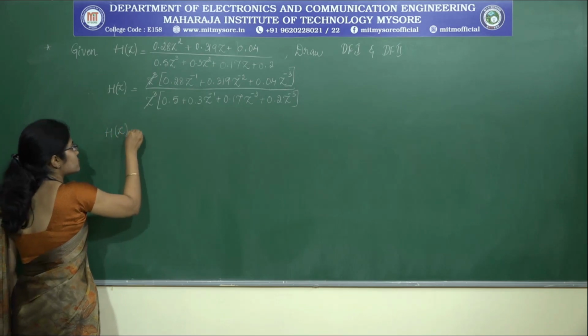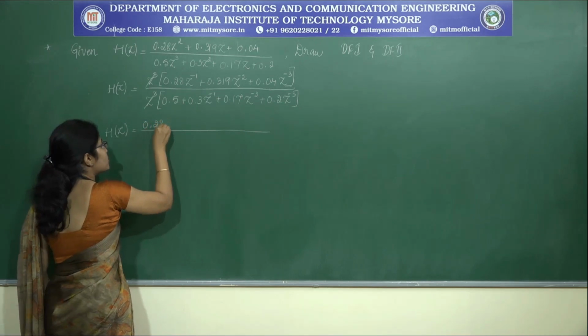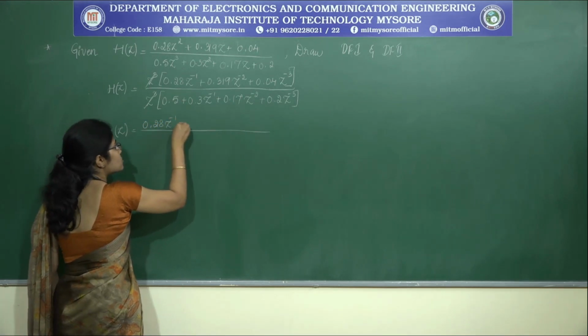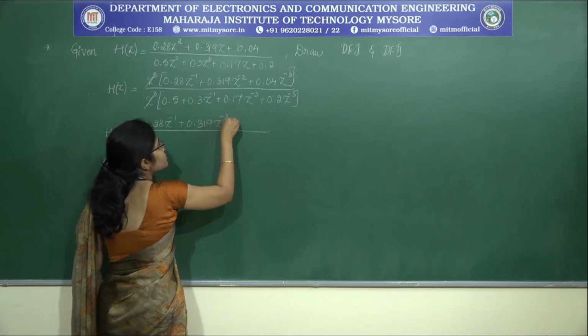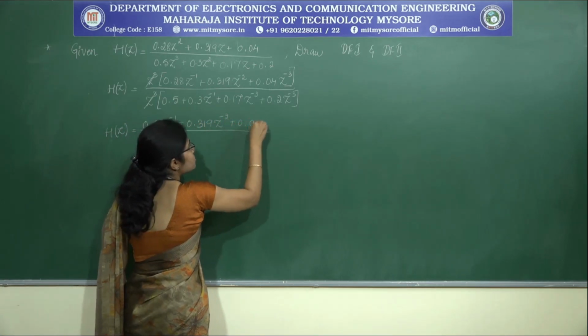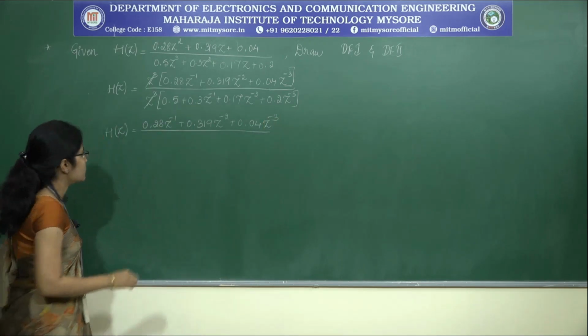Therefore, h of z will be equal to 0.28 into z power minus 1 plus 0.319 into z power minus 2 plus 0.04 into z power minus 3. In the denominator, what is left out?